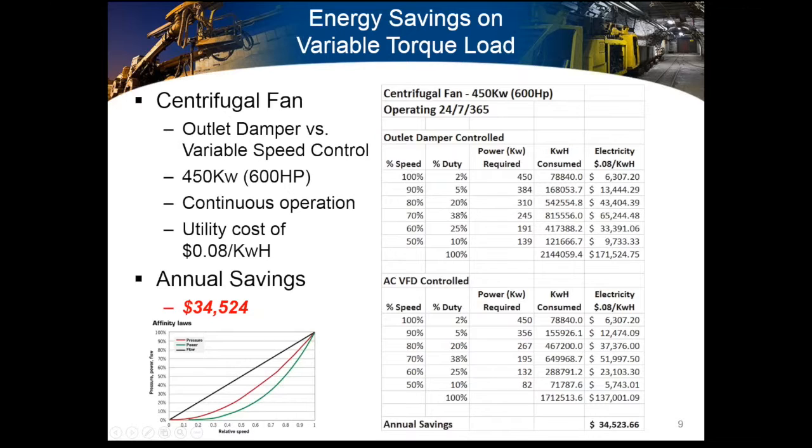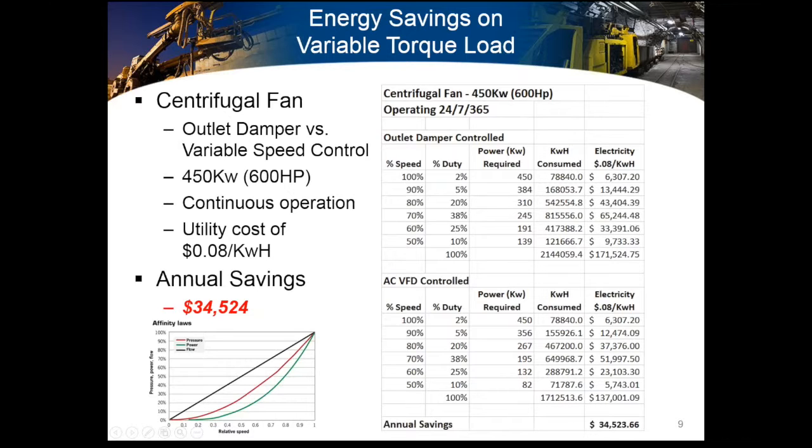Now, as we talked about, fans are designed to run at 100% speed for a very small amount of time, the worst case conditions, if you will, boundary conditions. So in a typical fan application, you may only see 2% of the time running at 100% speed.